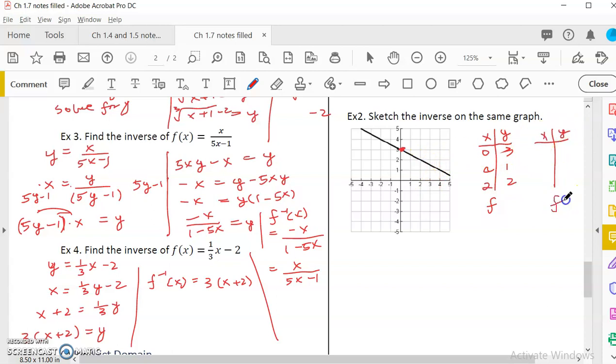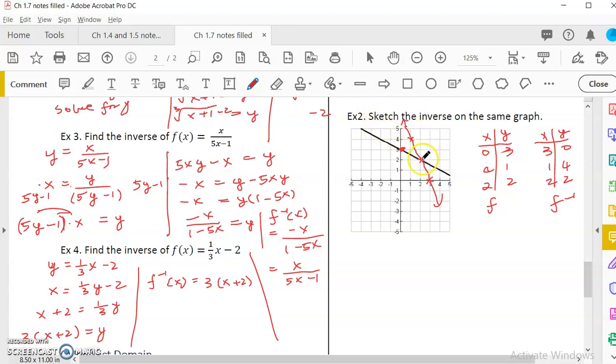The inverse would be (3, 0), (1, 4), and (2, 2). So let's graph it. (3, 0), then 1 all the way to 4, and (2, 2). So you can see it is like that. This is the inverse function.